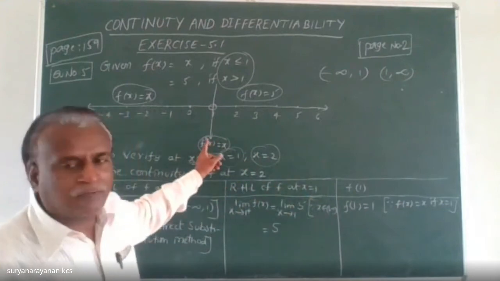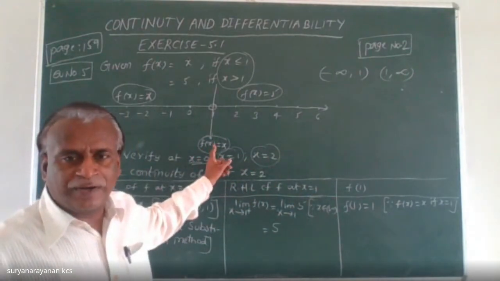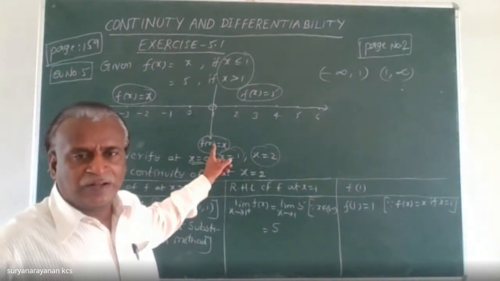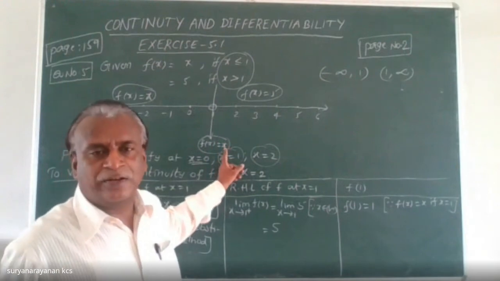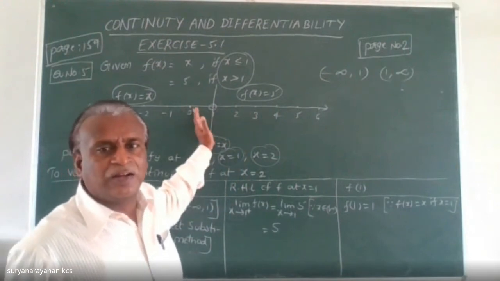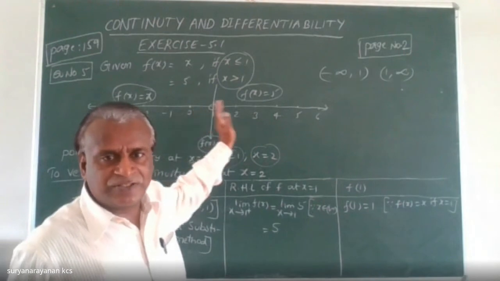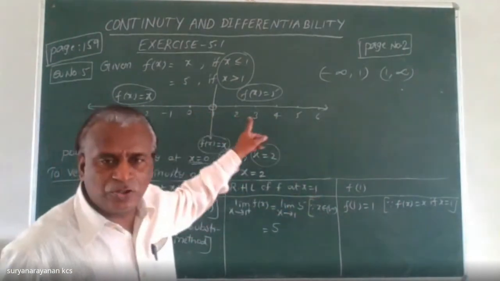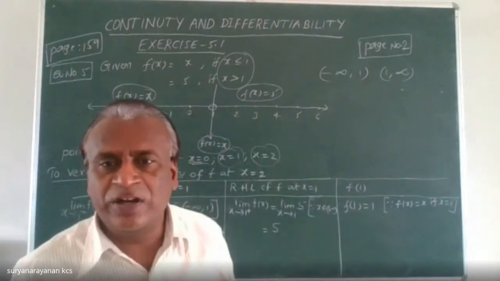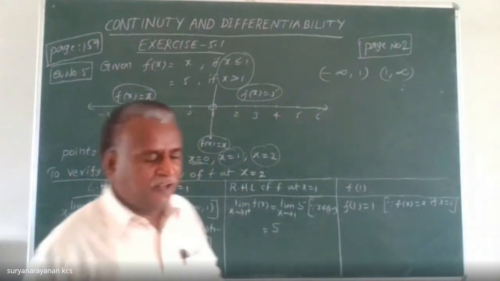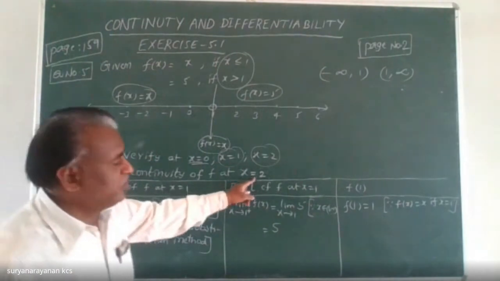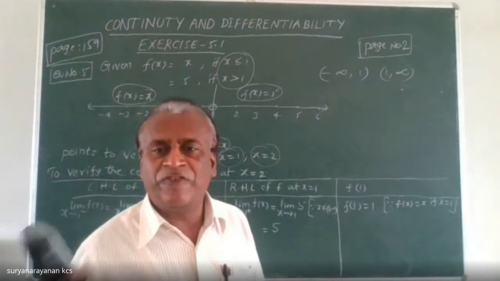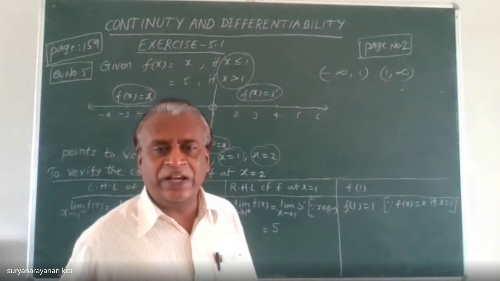Only at x is equal to 1, I repeated the point previously, the function is defined differently on the left side and right side of 1. But at x is equal to 2, the function is not defined differently. Now, in this case also, no need to find left hand limit and right hand limit.